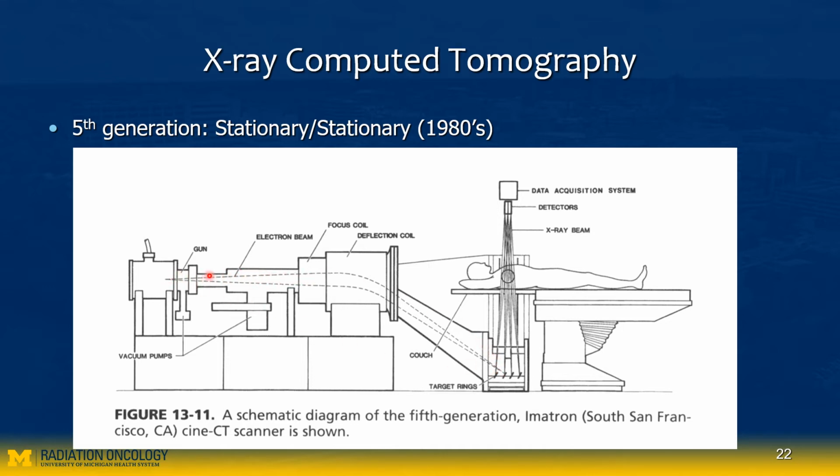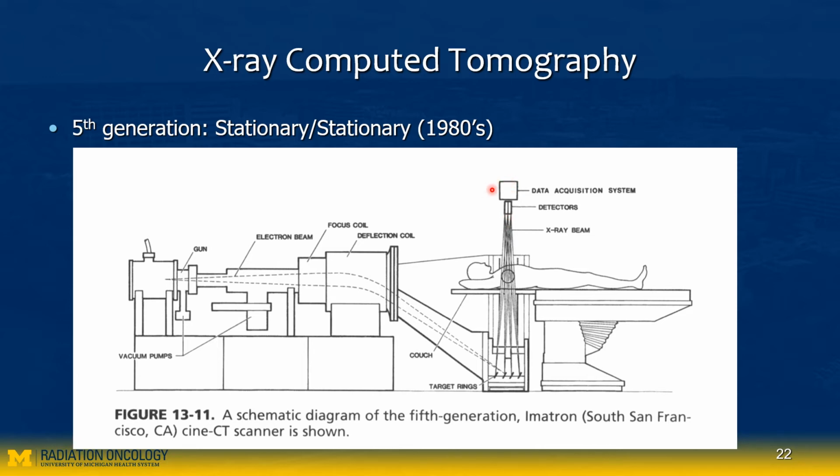This electron gun is magnetically steered, and then you have these target rings. The electron will hit the target depending on where you are aiming, and once the electron hits the target, it creates Bremsstrahlung photons, and those photons will be detected at the stationary detector rings.